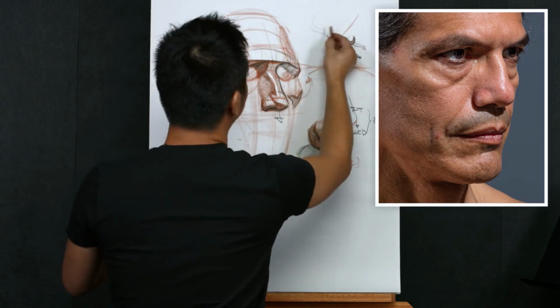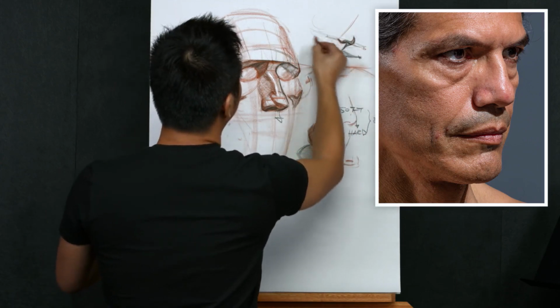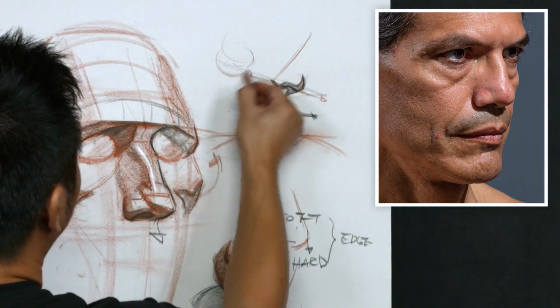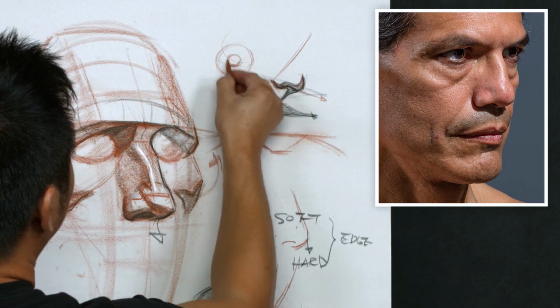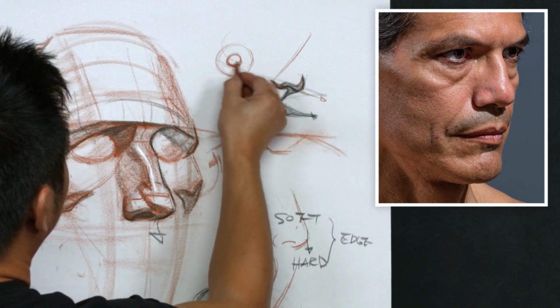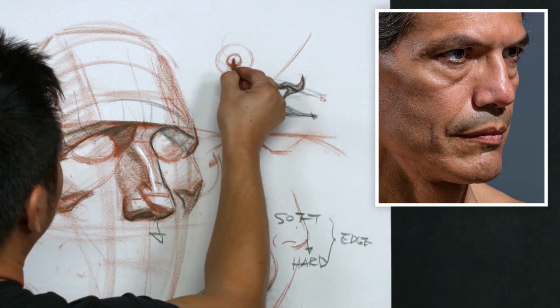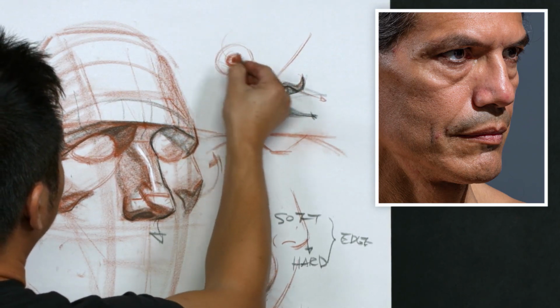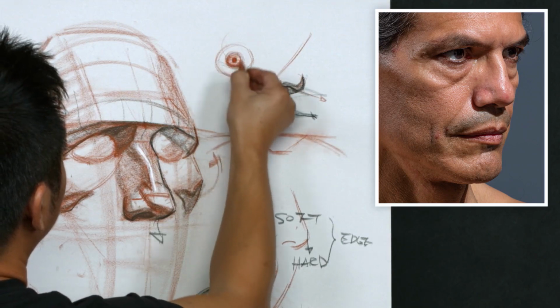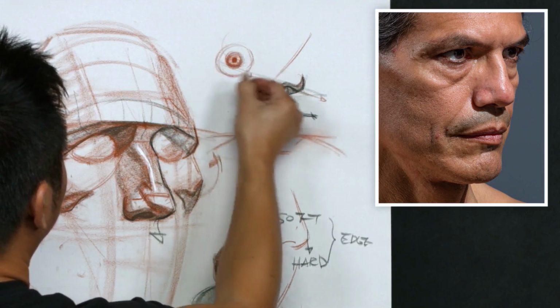I guess I'll draw it here. So we look at the front view, and here's the eyeball. Here's the iris, and here's the pupil. The pupil is the darkest, and then here's the iris. Let's make it a little bit bigger.